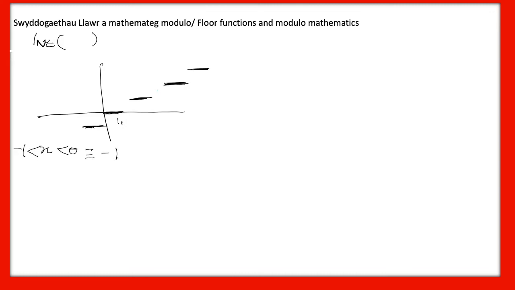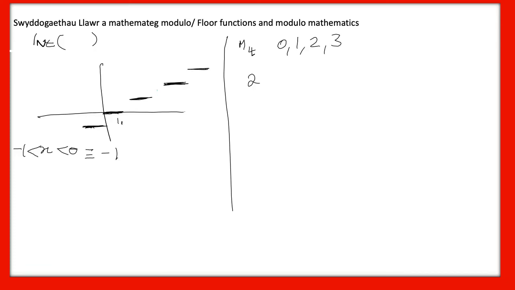And modulo maths is remainder mathematics. So if I'm in modulo 4, it only gives a remainder, so the only numbers I would have available are 0, 1, 2, and 3.